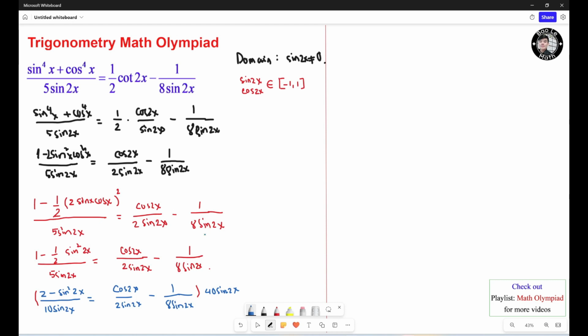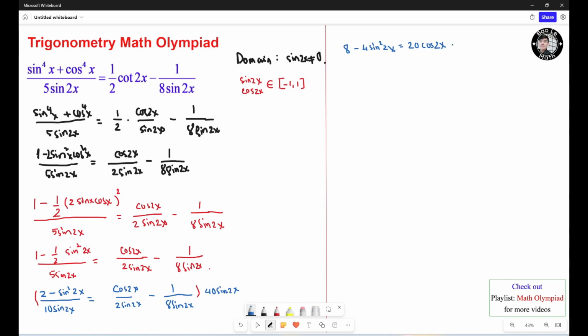So 4 times 2 is 8, and 4 times negative sin^2 2x is negative 4 sin^2 2x. Now the right-hand side: sin 2x cancels, 40 divided by 2 is 20, so 20 cos 2x. Then sin 2x cancels again, and 40 divided by 8 is 5, so minus 5.